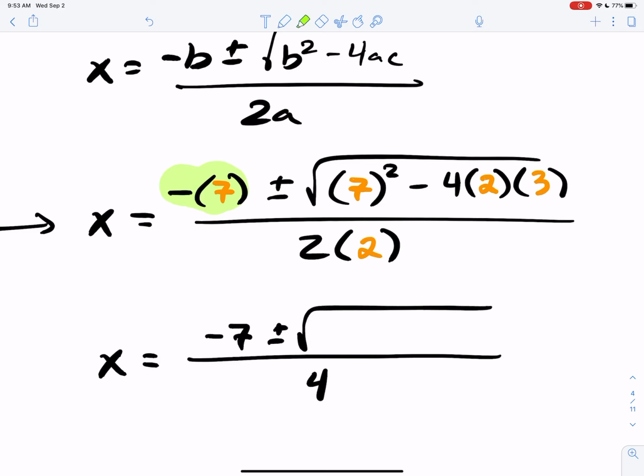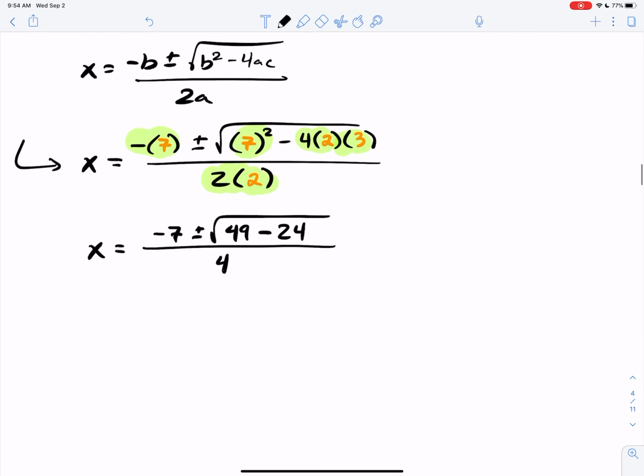I know that, I took care of this already. I know that 7 squared is 7 times 7, which is 49. And I know that 4 times 2 is 8, times 3 is 24. And there's a minus sign there, so minus 24. All right.